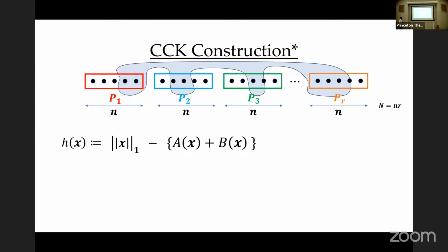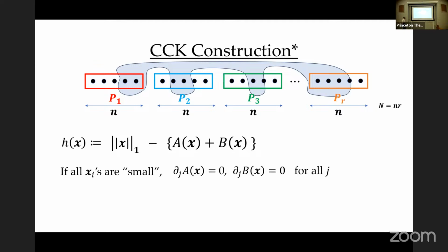Before showing you what these functions are, I want to tell you the properties I need from A. Remember, for balanced xi's, the marginals should behave the same, so the derivative should not reveal anything. This derivative is always 1. So when all the xi's are small, I want all the derivatives of A to be 0 and all the derivatives of B to be 0. Basically, A and B should not increase at all when the xi's are small.